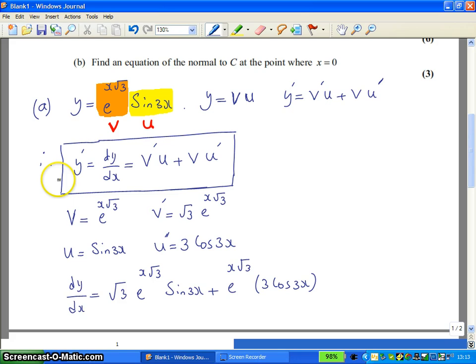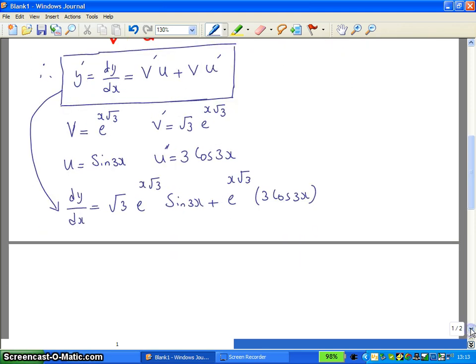Okay, so dy by dx is equal to v dash, we got it here, and that's u, plus then v, and that's u dash. Now we know that the derivative is equal to 0, so we have to set the derivative equal to 0.